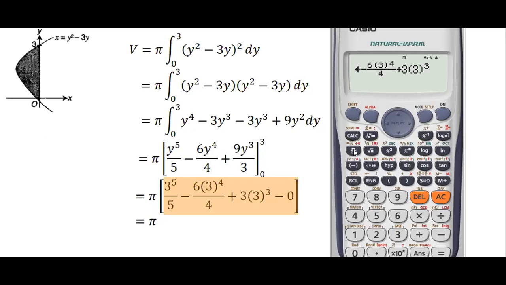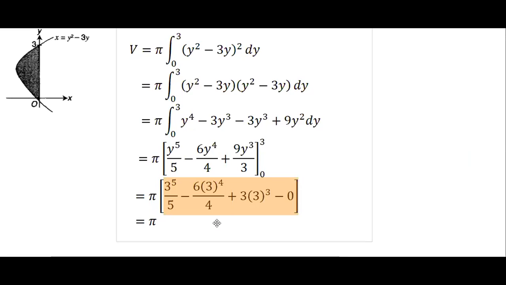Okay, berapa kamu dapat? 81 per 10, or you can say 8.1. Okay, correct. 8.1. So you can say it's 8.1 pi unit cube.